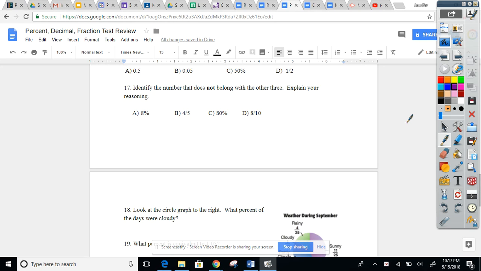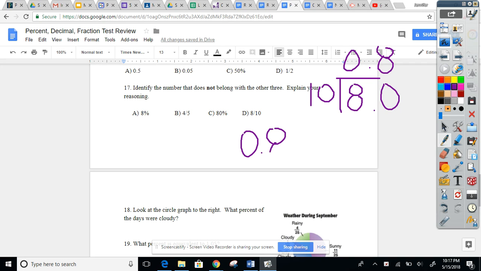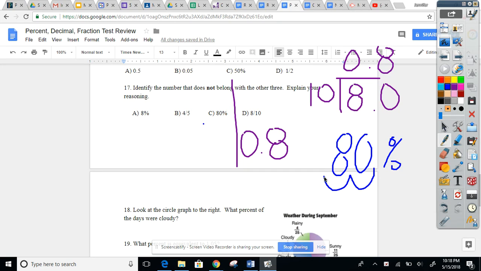Okay, so let's start with D. If I have 8 over 10, 10 does not go into 8, but it goes into 80. So this decimal right here is 0.8 or 8/10. Okay? Let's look at C. If I have a percent, I take my imaginary decimal and move it 2 places to the front.